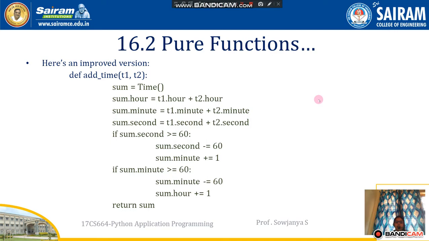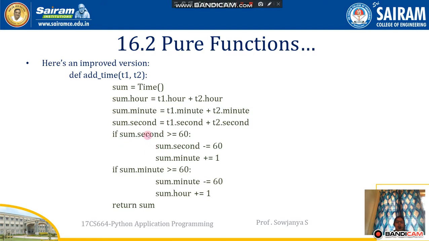How can we do this? First, you define the function add time t1 and t2, and then we have one time object, sum equals time. Then sum dot hour is t1 dot hour plus t2 dot hour, sum dot minute is t1 dot minute plus t2 dot minute, and sum dot second is t1 dot second plus t2 dot second.